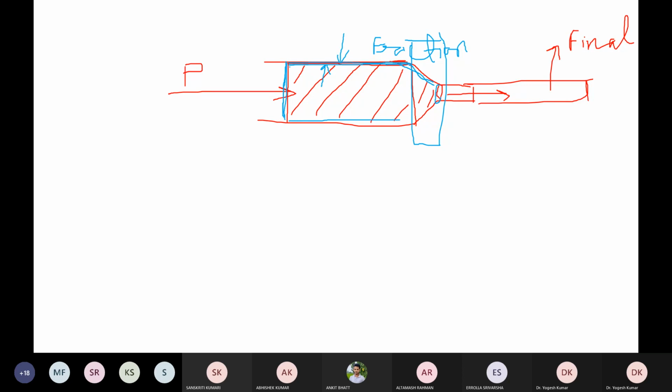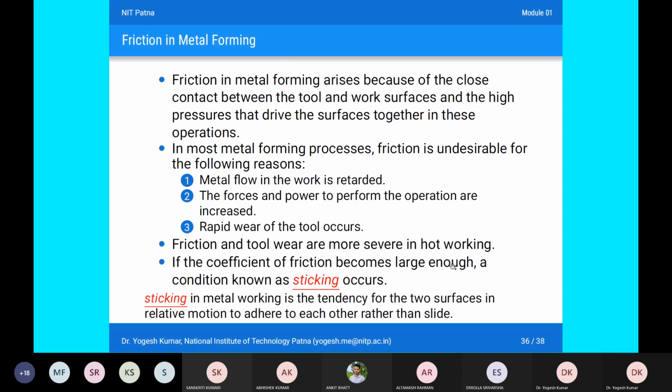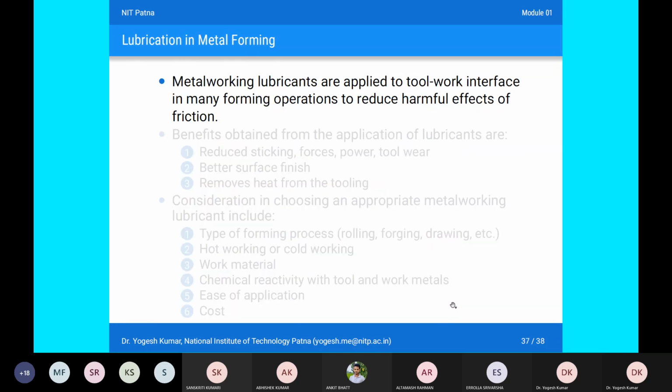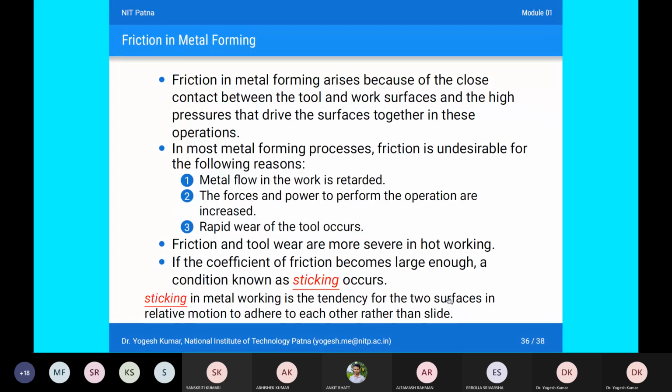Since your material is not flowing in your desired direction, your process is stopped, and this condition is called the sticking condition. So in the case of sticking, both the surfaces, tool or die surfaces, stick to your work part instead of sliding on your tool surface.